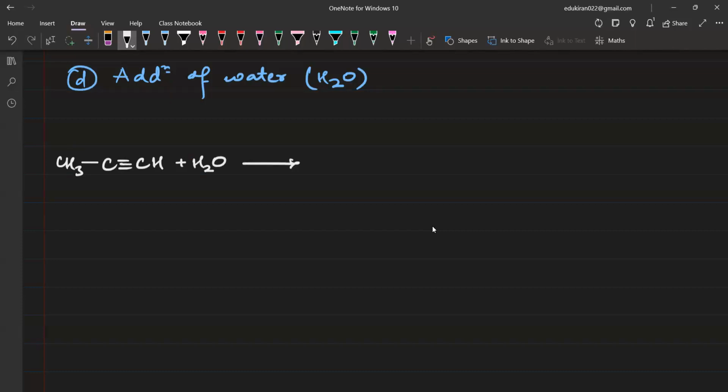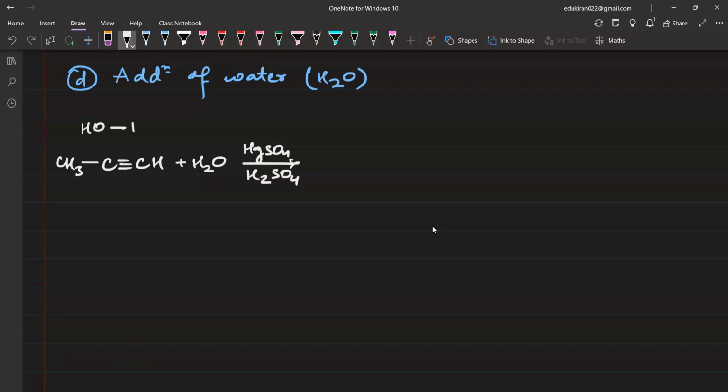Now, this is basically done in the presence of HgSO4, mercury sulfate, and H2SO4, that is sulfuric acid. So you will have Hg2 plus or H plus also, ना? ठीक है, वो हम दिखाएंगे बाद में. But please see, if you have CH3, C triple bond CH. Now in water, the negative part is going to attach on that carbon atom that is having less hydrogen, right?